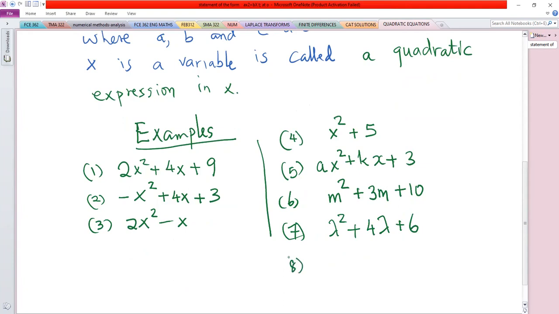We can have w squared minus w plus 5. This is quadratic in w. Number 9, 10u squared minus u plus 11. And you can give as many examples as you like.